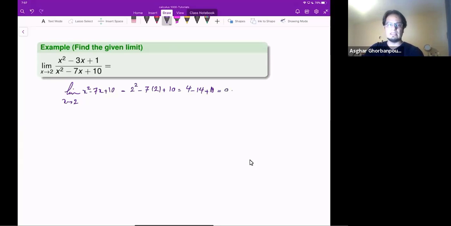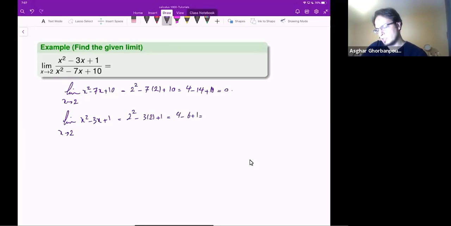So the limit in the denominator is 0. The limit in the numerator is 2 squared minus 3 times 2 plus 1, and that is 4 minus 6 plus 1, which is negative 1. Okay, so we have a number over 0.